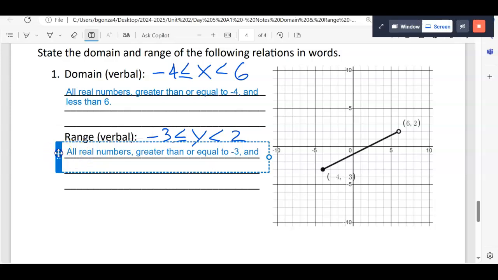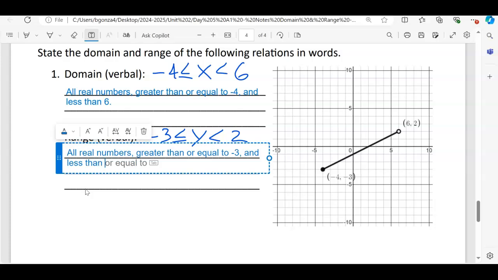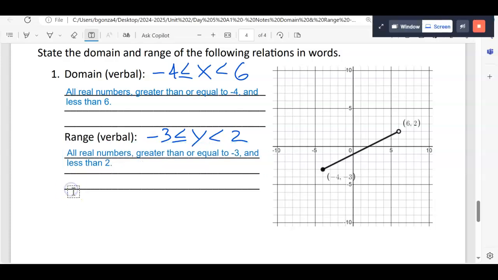And now we're going to do less than. Is it going to be equal to? I can tell it's not underlined on the right, so it's going to just be less than 2, period it. Okay. Write that down real quick, and we're going to do the last example and be done, okay?